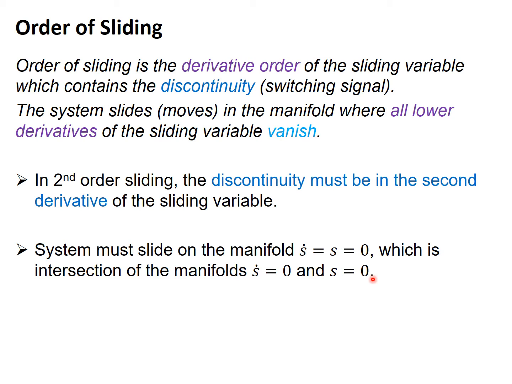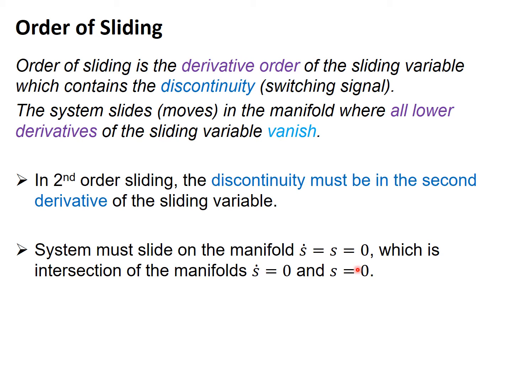So, there are two manifolds, S equals 0 and S dot equals 0, and there would be an intersection region. We are talking about that intersection region. That is the region where the system would come and then remain on that manifold for all future times and slide on that manifold.